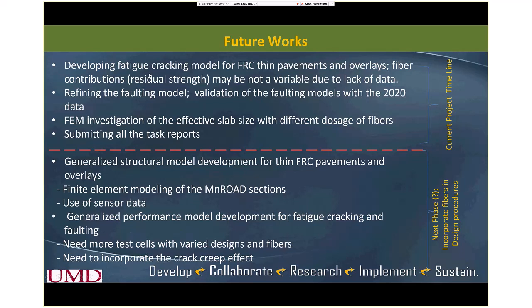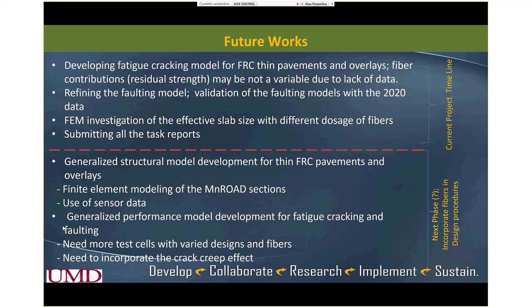The models that we are proposing right now are good, but we did not consider a great variation in the base properties or modulus of subgrade reaction. We confined ourselves to the main road.